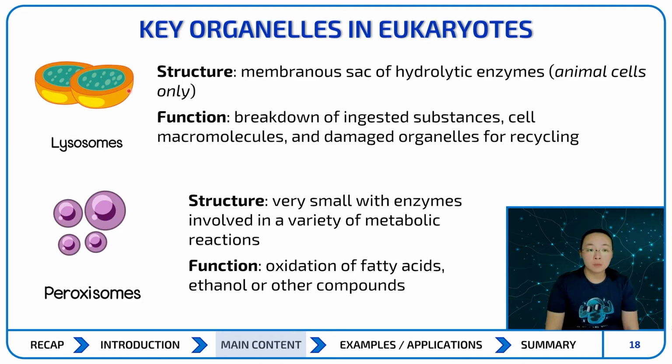They're very, very small. They also have enzymes, and they're usually involved in a variety of metabolic processes and reactions. So sometimes it serves to oxidize fatty acids, ethanol, or other compounds. In terms of the importance of these two, I would say, just know about them. It's the other ones that are much more important.